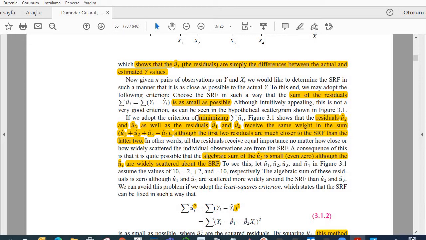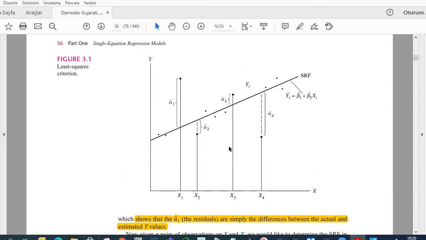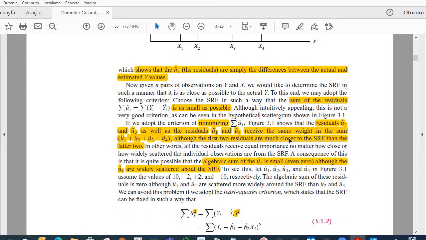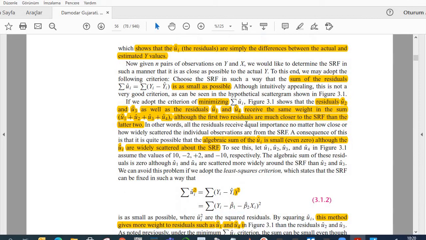If we adopt the criterion of minimizing the sum of Ui, Figure 3.1 shows that the residuals U2 and U3 as well as the residuals U1 and U4 receive the same weight in the sum, although the first two residuals are much closer to the sample regression function than the latter two. In other words, all the residuals receive equal importance no matter how close or how widely scattered the individual observations are from the sample regression function.